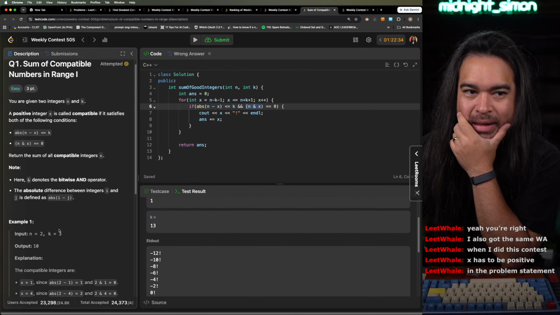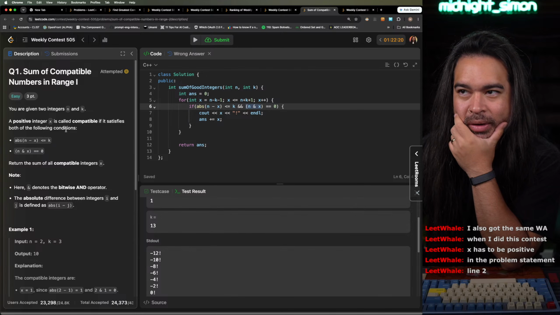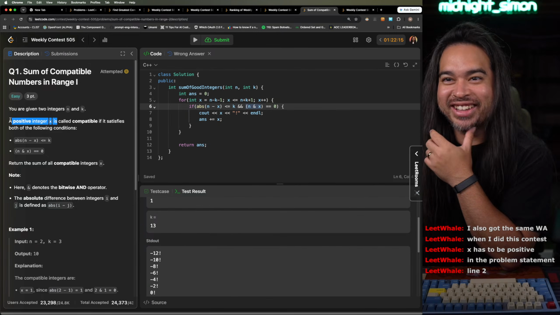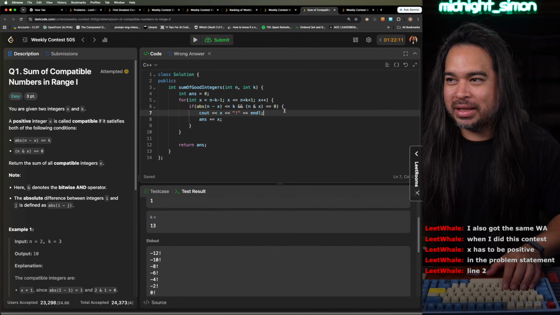Where do they say that? Line 2? Positive integer x. Man, they can't be giving us some bunk problems like that.